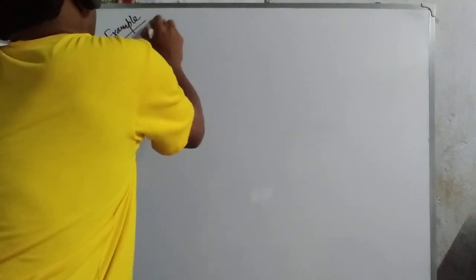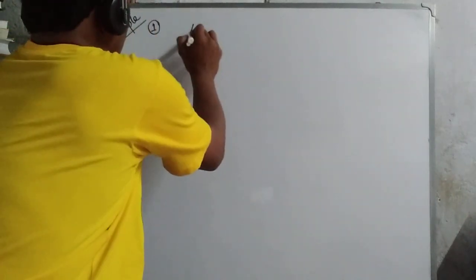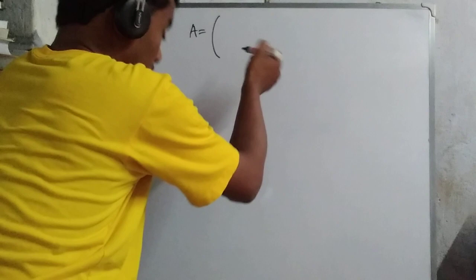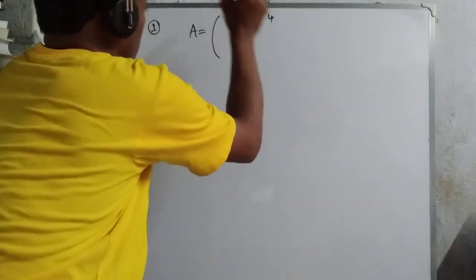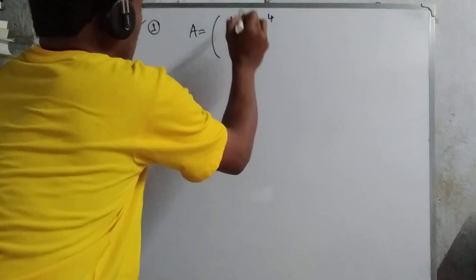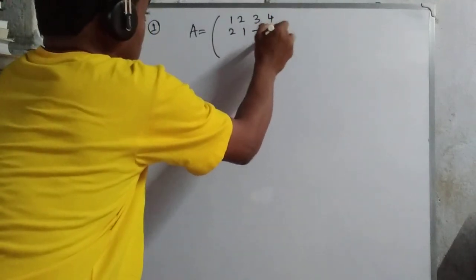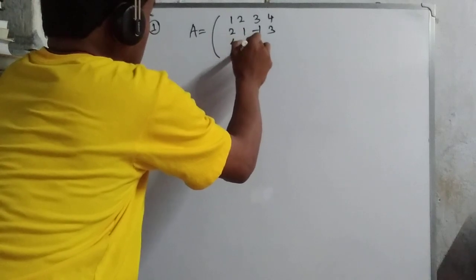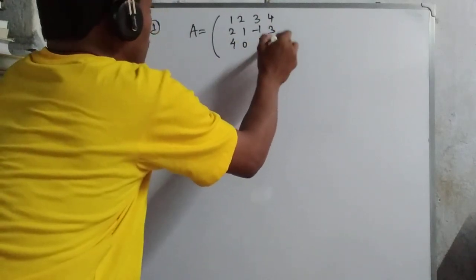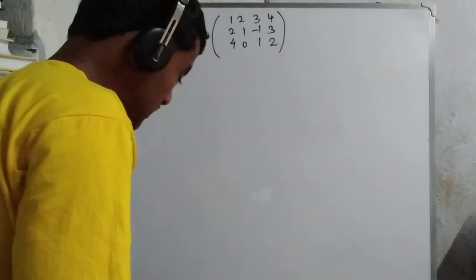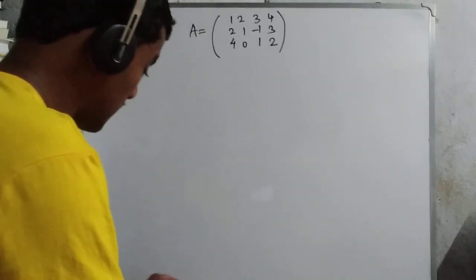Let's take one example. A equals 1, 2, 3, 4; 2, 1, minus 1, 3; 4, 0, 1, 2. This is the matrix A.